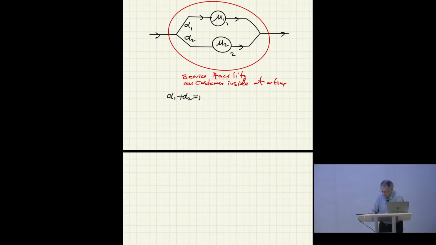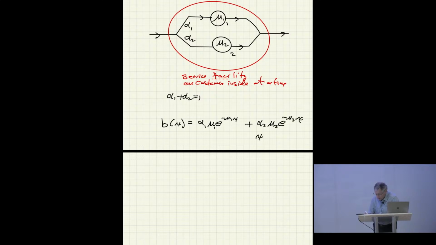Okay, if that's the case, would somebody please tell me what the service time density is? Well, with probability alpha 1, it's going to be mu1 e to the minus mu1 x. Or with probability alpha 2, it's going to be mu2 e to the minus mu2 x.